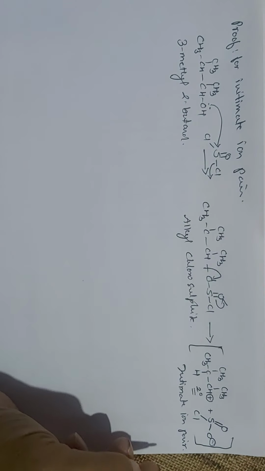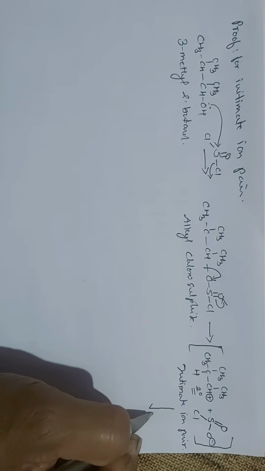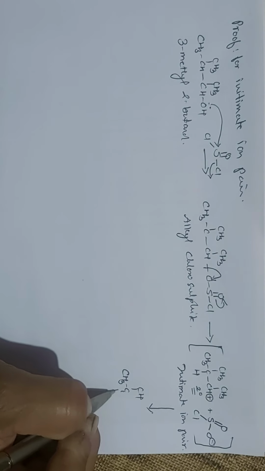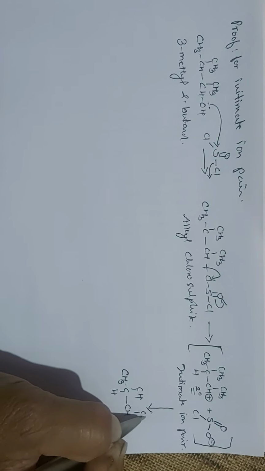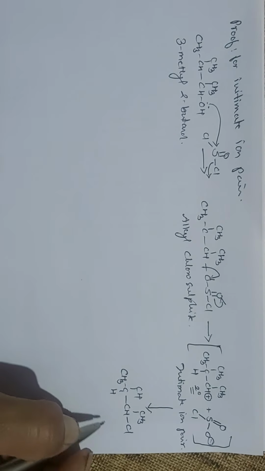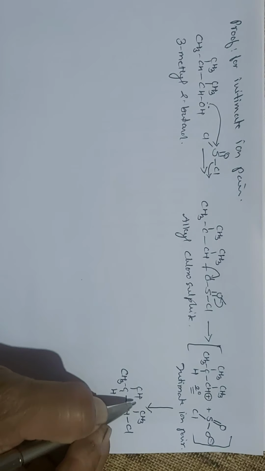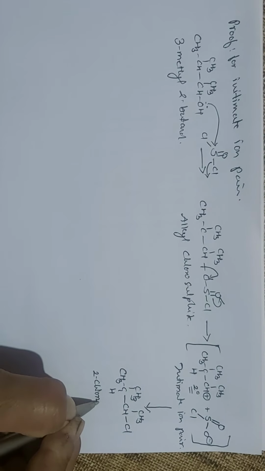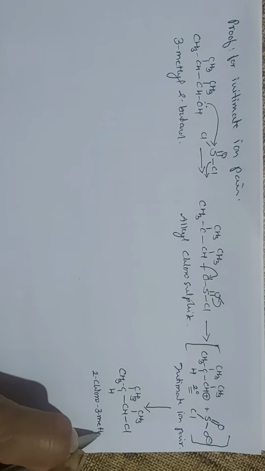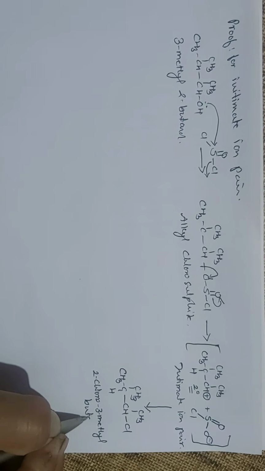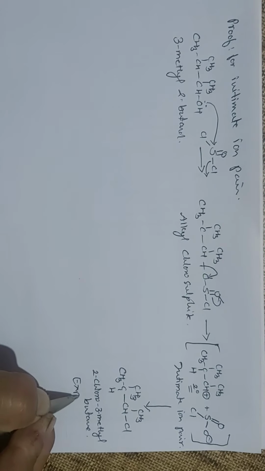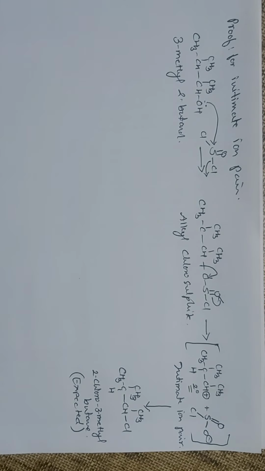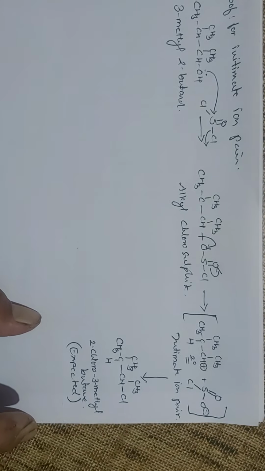So this is your secondary carbocation, and so the expected product is CH3 CH CH CH3 Cl, that is 2 chloro 3 methyl butane. This is the expected product.